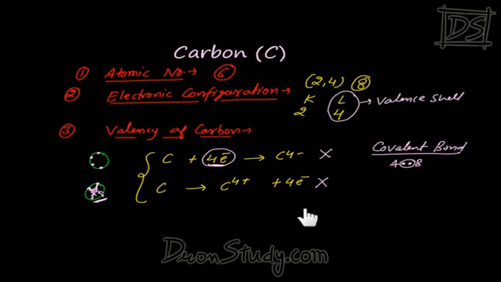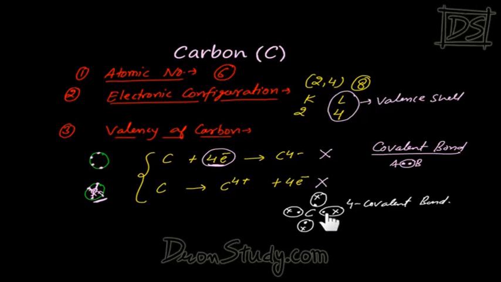So what does carbon do? Carbon shares its own 4 electrons with the 4 electrons of some other elements and makes 4 covalent bonds. How many bonds does it make? 4 covalent bonds. In this way carbon has completed its octet.